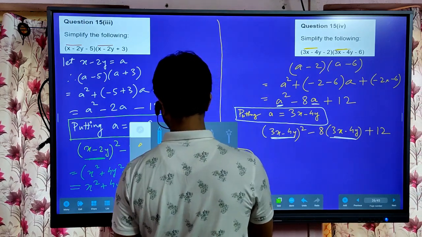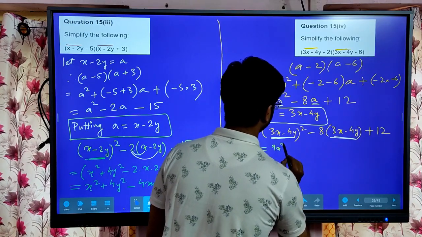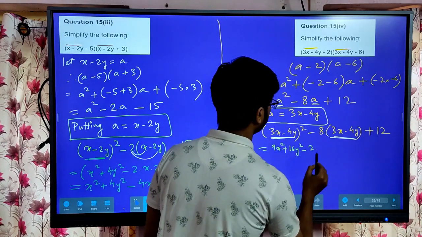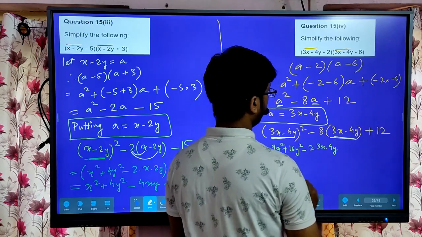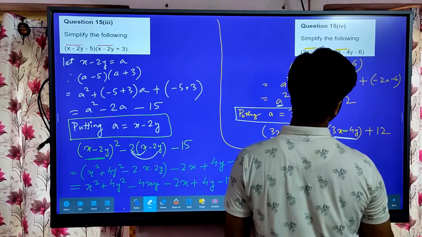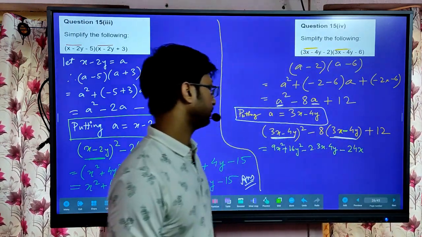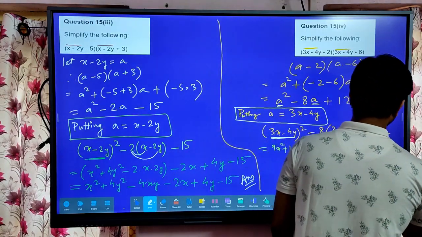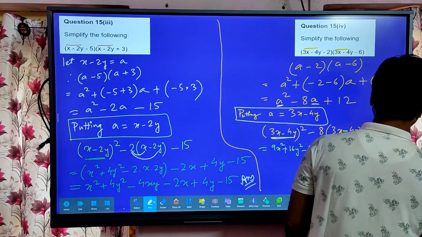So simplification will result in a whole square: 9x square plus 16y square minus 2 into 3x into 4y, then 8 times 3 is 24, so minus 24x, then minus times minus 4 is plus 32y, plus 12.